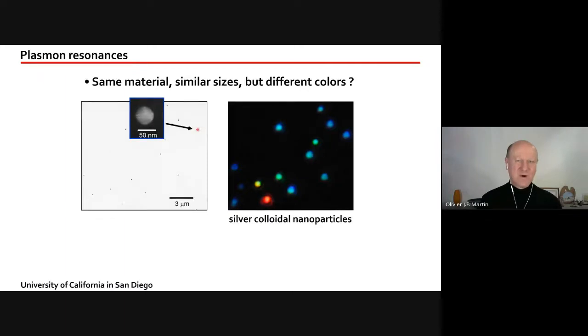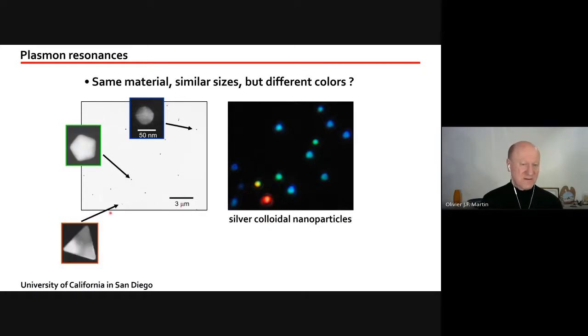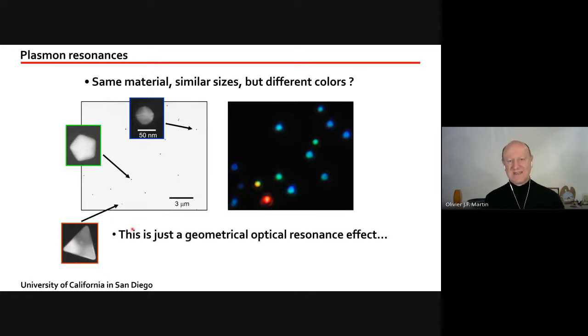You see that this one, which appears nicely blue, is a nice sphere. But this one, which is green, turns out to be like a pentagon. And this one, which is red, turns out to be a triangular nanoparticle. So we have different shapes, and therefore different colors.